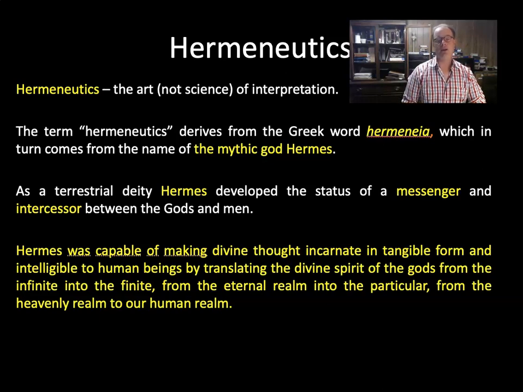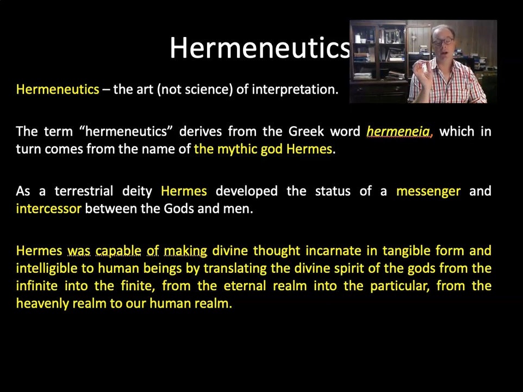If you know anything about Hermes in ancient Greek mythology, he is the terrestrial deity that became a messenger or intercessor, a go-between between gods and men, right? So he communicated messages from the gods, say Zeus up on Mount Olympus, down to the people in ancient Greece, along the Aegean and in the various city-states.